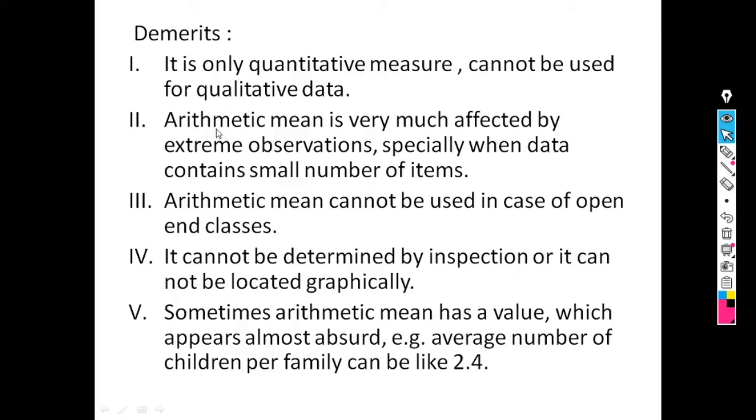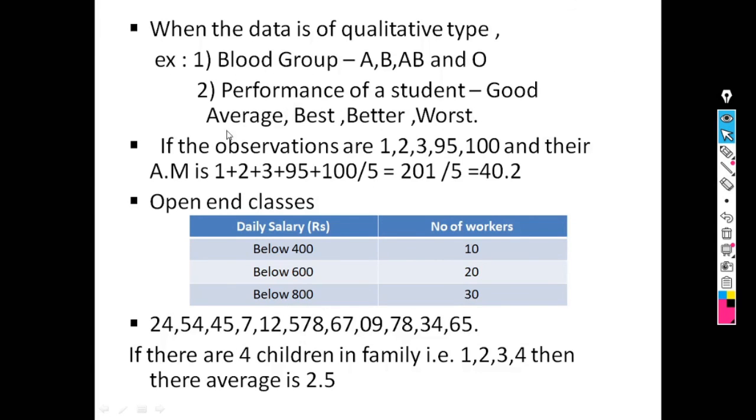Next demerit is arithmetic mean is very much affected by extreme observations, especially when the data contains small number of items. Suppose we take the example, if the observations are 1, 2, 3, 95 and 100 and their arithmetic mean is sum of all observation divided by total number of observation. So summation of all these observation is 201 divided by number of observations, 1, 2, 3, 4 and 5.